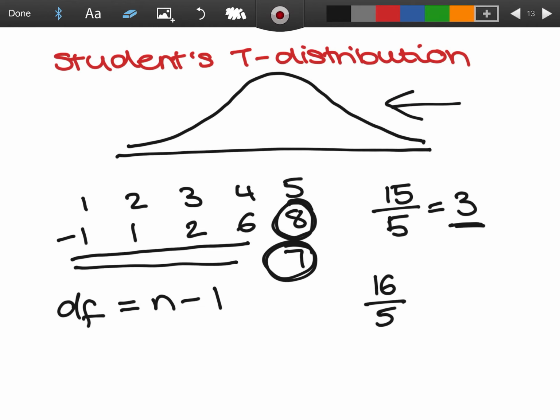So now I want to look at how we can create a t interval. When we don't know the population standard deviation, we can't create a z interval, but what we are going to create is a t interval.